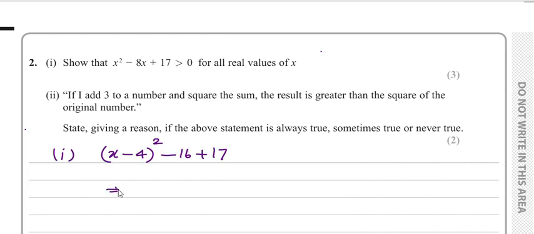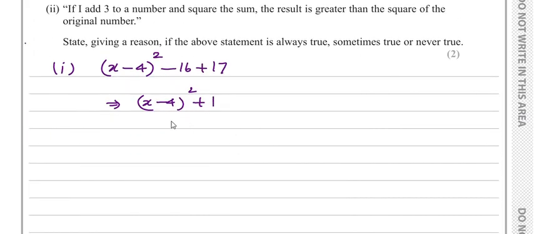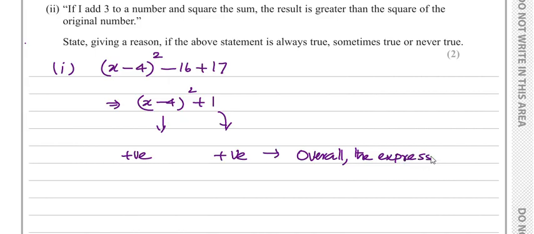This is equal to (x minus 4) squared plus 1. Then we could write this part being a square is always positive. This part plus 1 is also positive. Therefore, overall, the expression is positive. It is greater than 0.